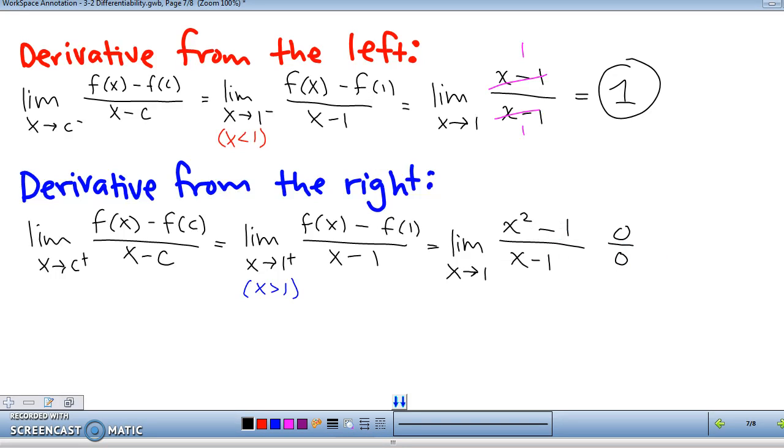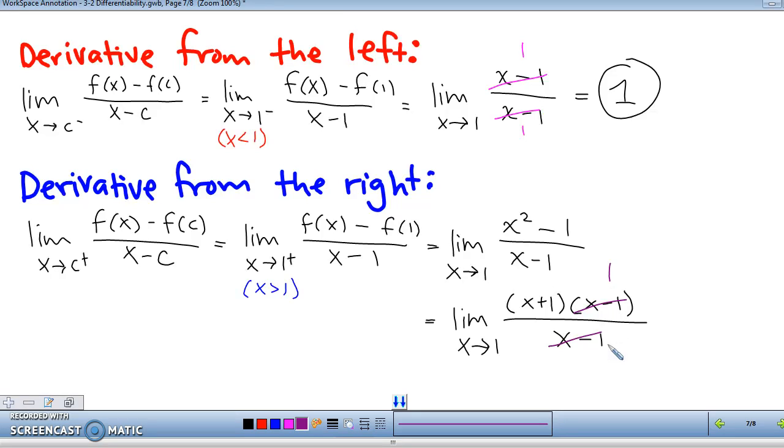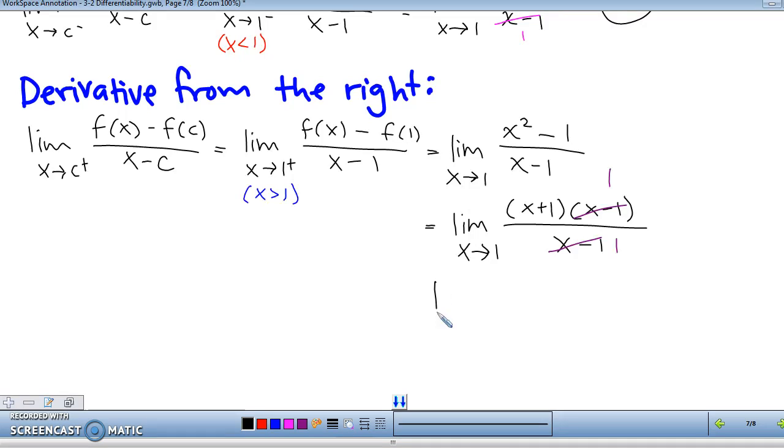The algebra we can do here is factoring the numerator: x plus 1 times x minus 1, over x minus 1. This cancels, so we get the limit as x approaches 1 of x plus 1, which is 2.